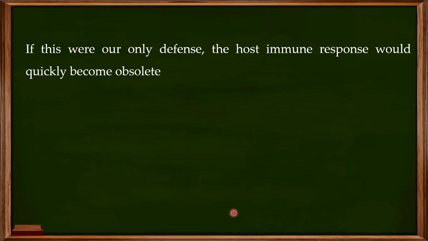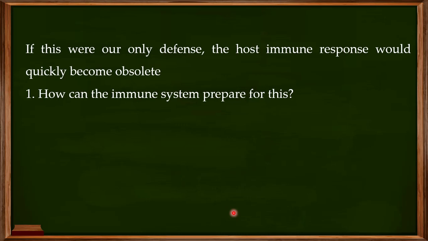Now, if this were our only defense, what I mean is that if we had fixed PRRs, our host immune response would quickly become obsolete. If the pathogen is evolving and the host is not evolving, there would be a time when our immune system will not be able to recognize these pathogens. This gives rise to a sort of question: how does the immune system prepare for this?